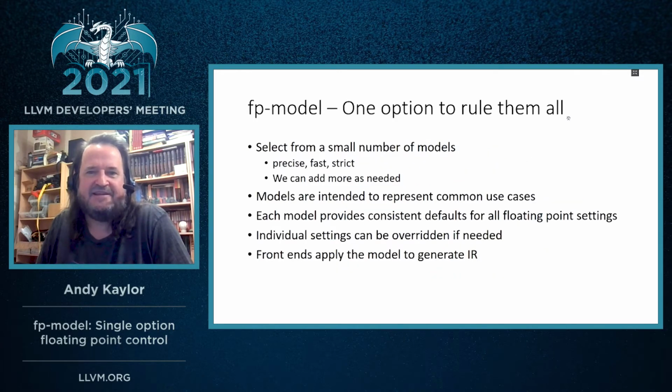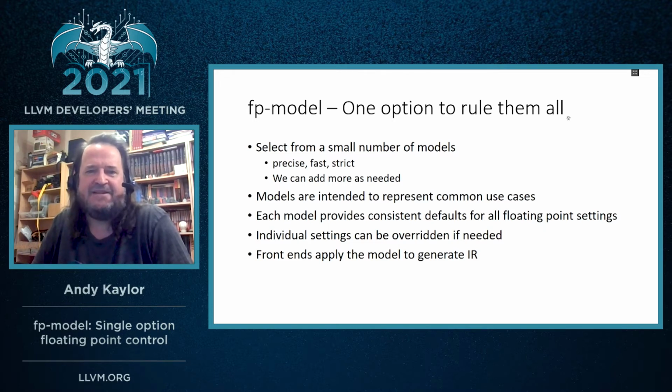The solution to that I'd like to talk about today is the FP model command line option. A similar option has been supported for a number of years by the Microsoft Visual C++ compiler and several Intel compilers, but it was only very recently introduced within the past year, I think, to Clang.